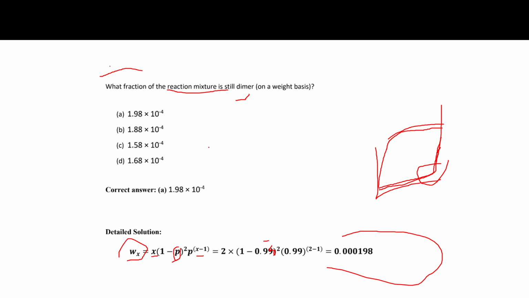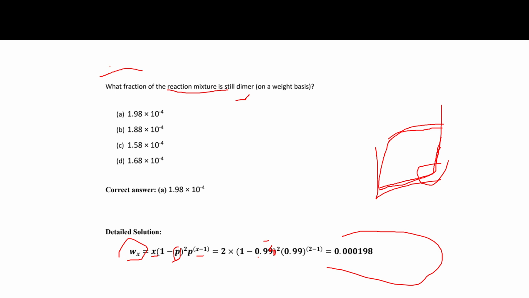Your conversion is not related to the dimer, trimer, or tetramer. They have told that conversion is 95% for questions 6 and 7. The solution they gave may be wrong, since they considered 99% here. It should be 95, not 99.